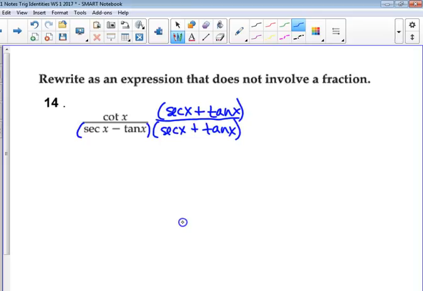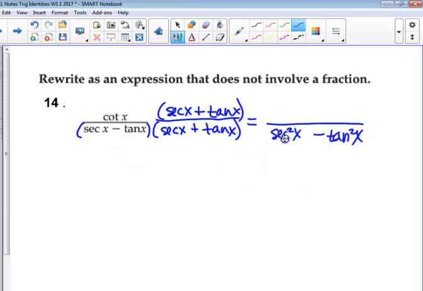Okay. Let's worry about the denominator for a minute. Secant x minus tan x times secant x plus tan x is like x plus y times x minus y, so it becomes what? Secant squared. Everybody okay, or do you want to go through that?